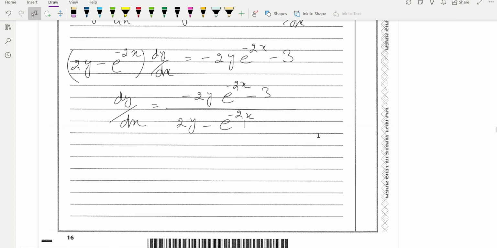Now we can take minus 1 common from the numerator.